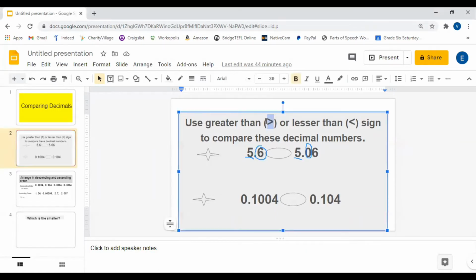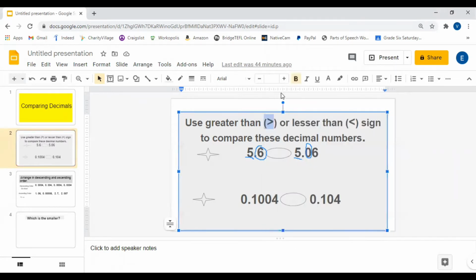And I'm going to insert the greater than sign in there. Notice that the greater than sign is this, where the mouth is facing your left. It's open to your left. So I'm copying and pasting it right here, where it belongs.